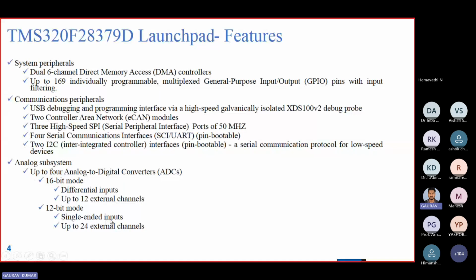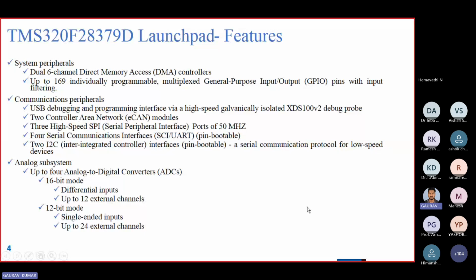For single-ended input, there are 24 external channels, so we have 24 external ADC pins from which single-ended input can be sensed. Similarly, we have 12 external channels for differential input sensing. These are the pins I am telling you about, and I will show you on the hardware also.